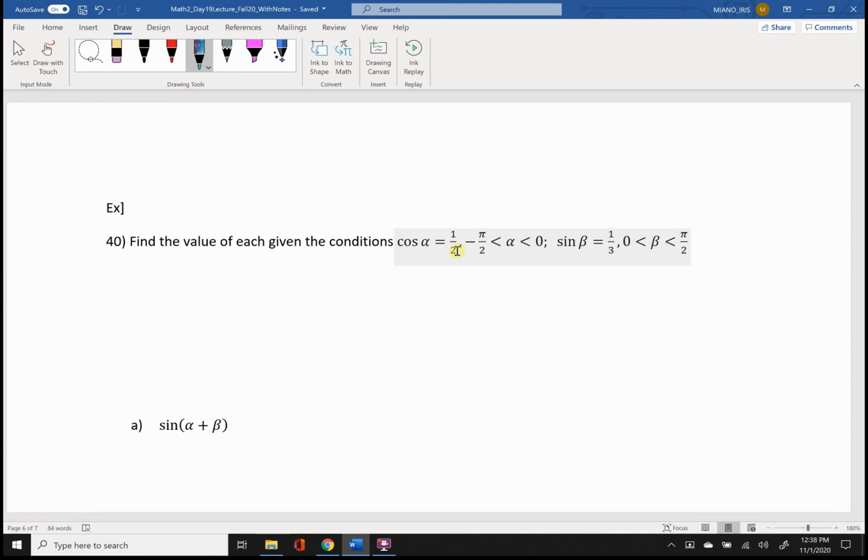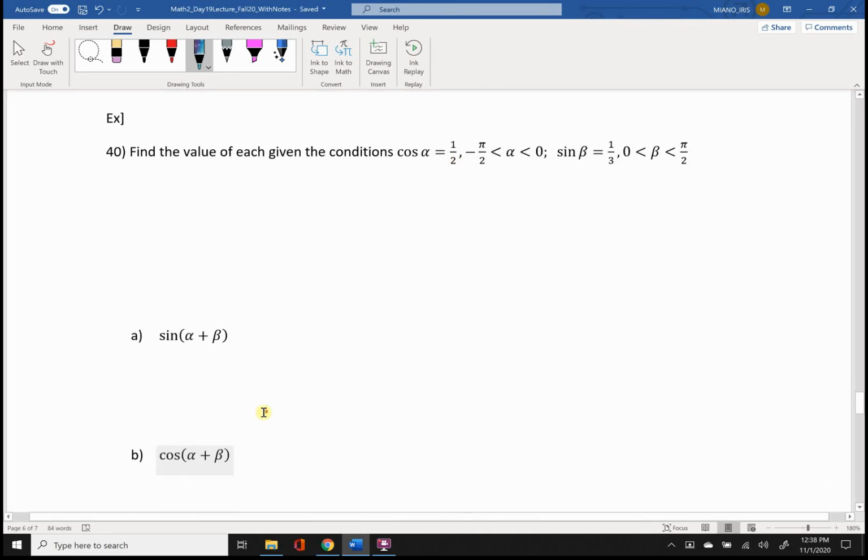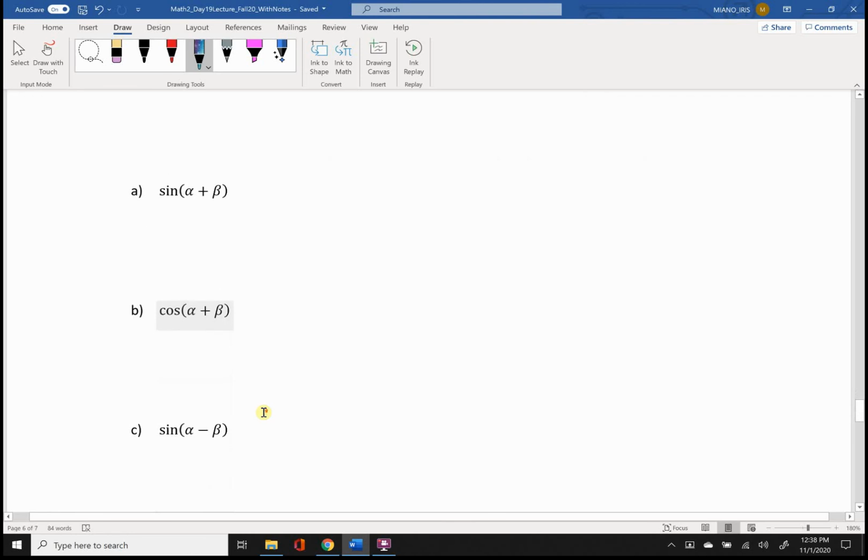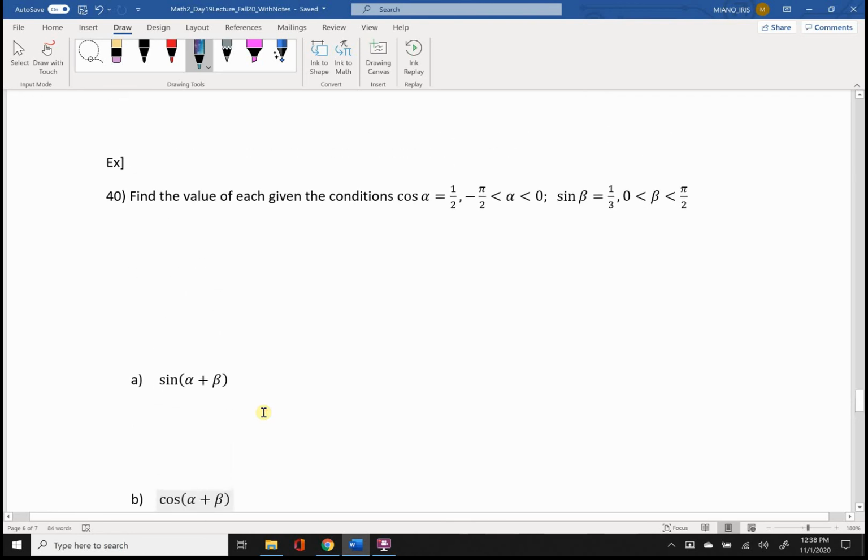And so the first thing that we'll want to do here, because we're going to get the sums and differences going on for these sines and cosines, is figure out what the sine of alpha and the cosine of beta is. And the way that we'll do that is to use the Pythagorean identity. Let's do beta first for no particular reason.